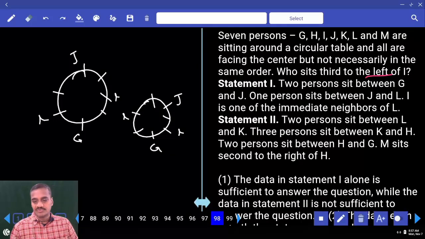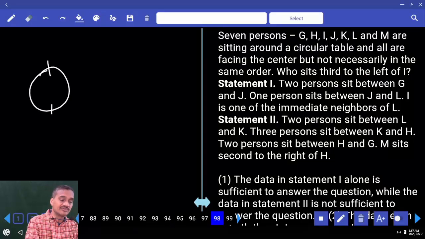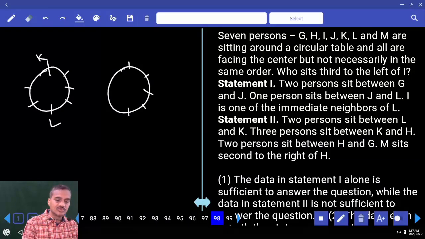With the help of this information, do we get any information here? Hence 1 alone is not sufficient. Then coming to 2 alone, 2 persons between L and K. Now out of these 7 persons, 2 persons between L and K, if L is here, K will be here, or in this case, if L is here, K is here.